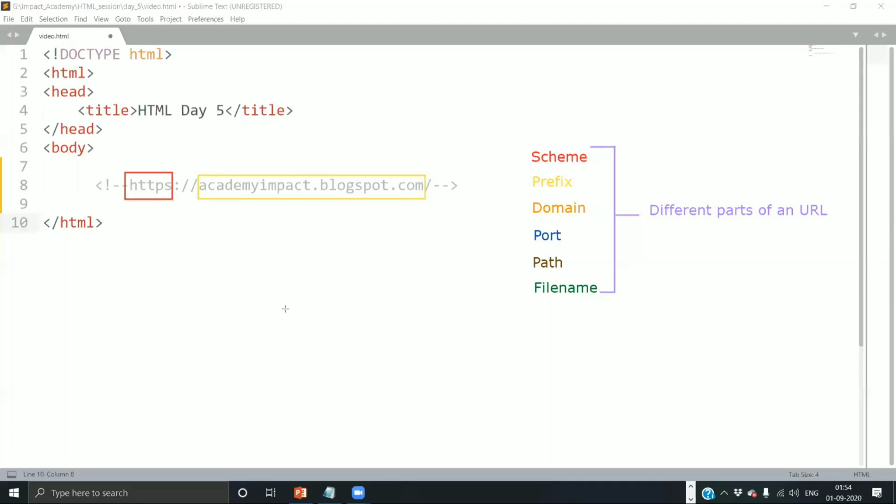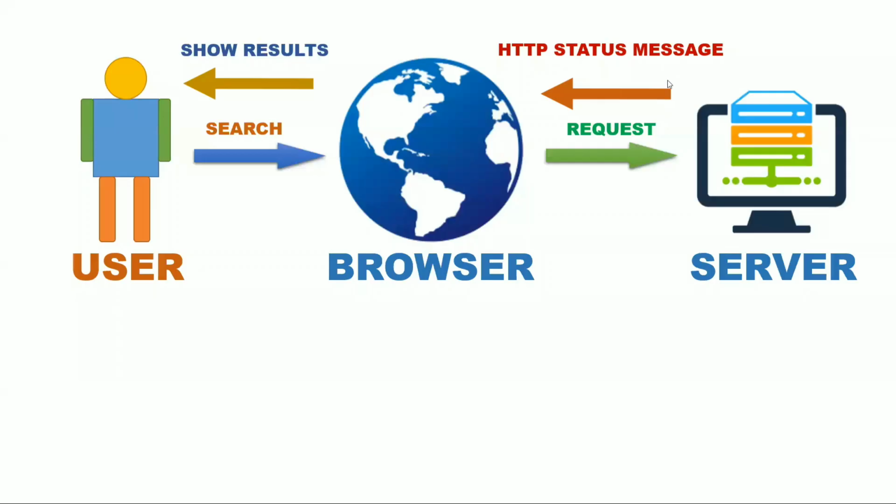Now I'm moving to today's last topic, that is HTTP status messages. As I have told you, when the browser requests a search from the server, then the server generates an HTTP status message. This HTTP status message, that is hypertext transfer protocol status message, is also part of HTML.